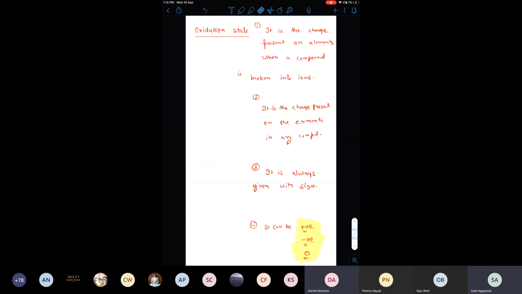I'll let you know, I'll give you examples. I am just saying that the difference between valency and oxidation state is that one has a sign and the other does not. Valency does not have any charge, but oxidation state will have charge. Now, what charge? That I'll tell you.